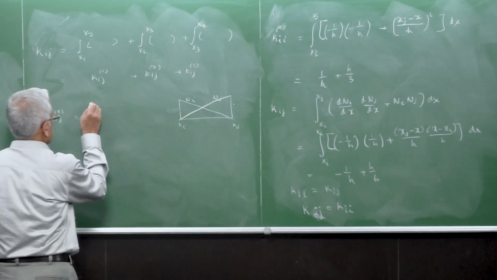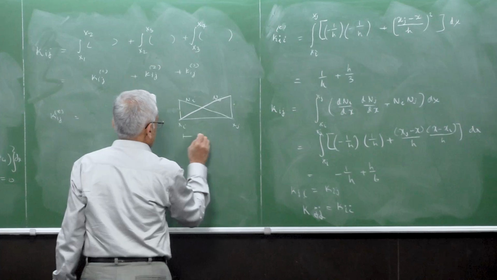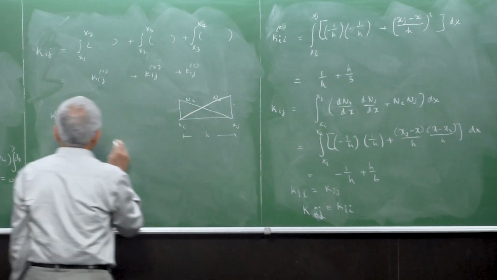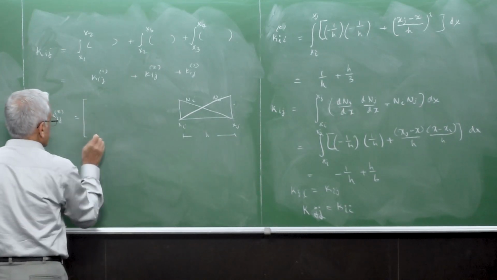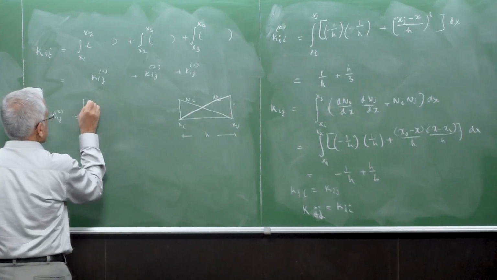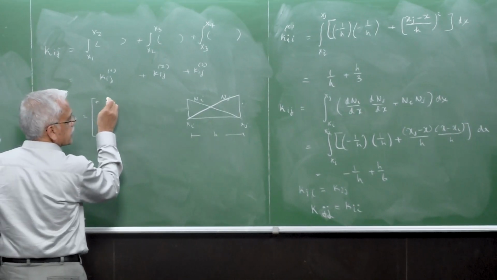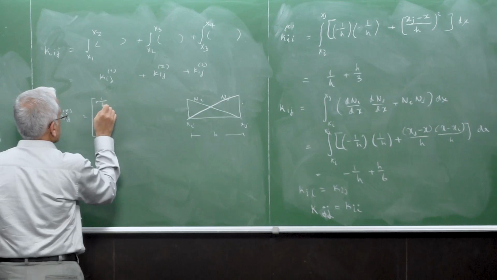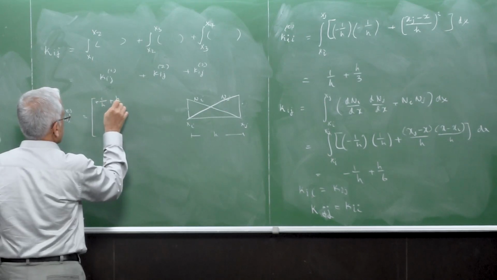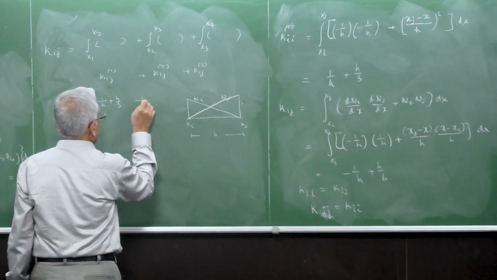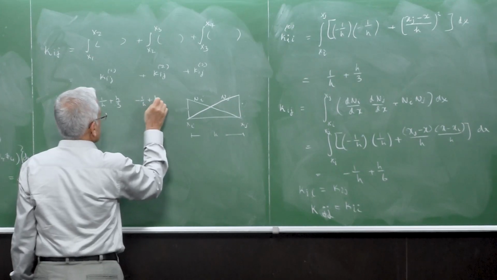So in fact, if you think that this is h, we can simply put it in the matrix form as 1 by h, h by 3 for this element, minus 1 by h plus h by 6.